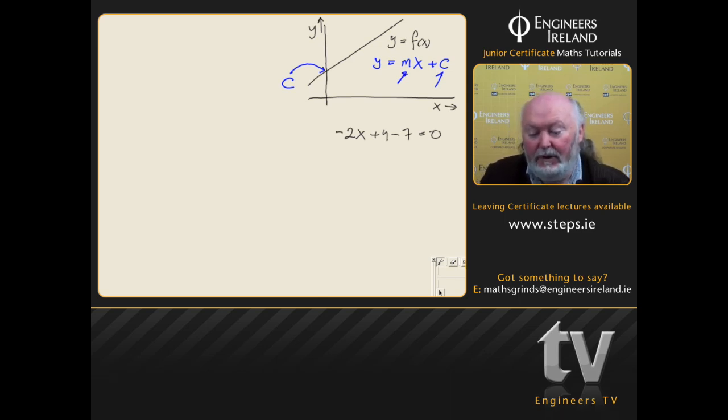So in this case down here, we know it will cross the y-axis at 7, and the slope of it is 2.